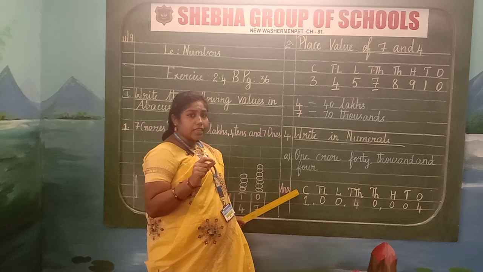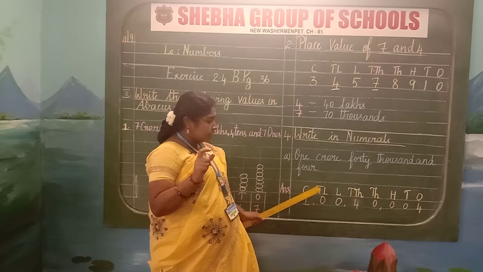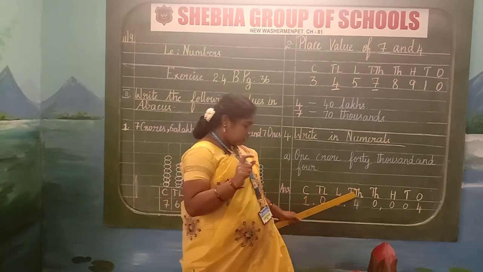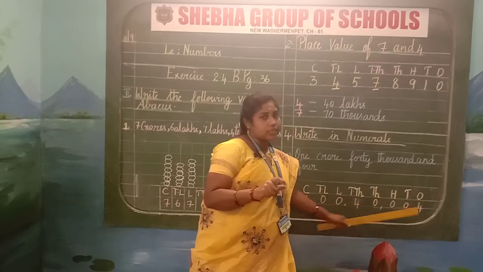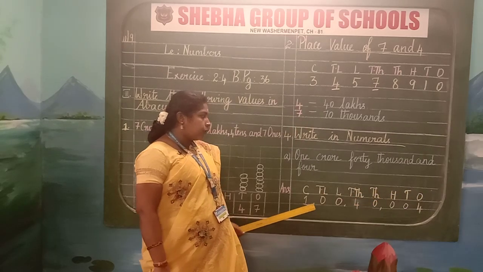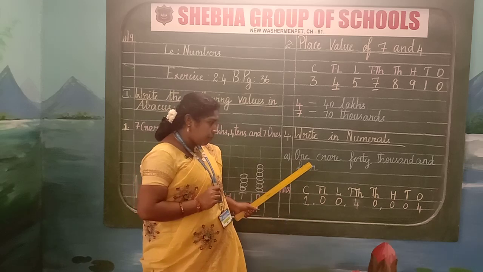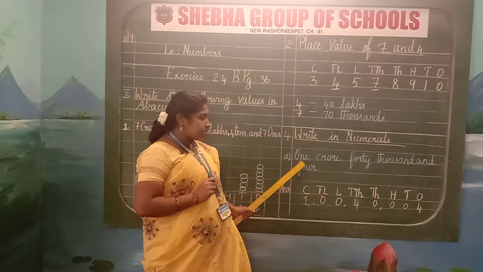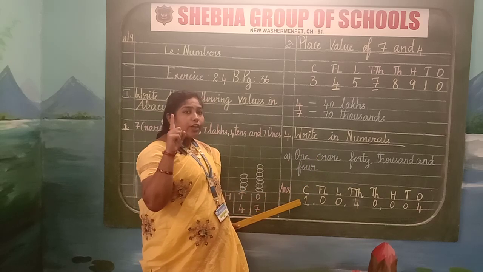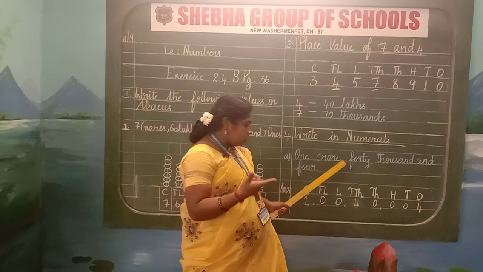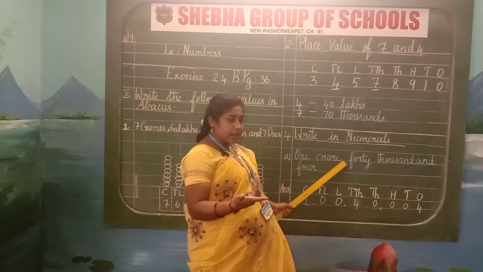So write the place values: crores, 10 lakhs, lakhs, 10,000s, thousands, hundreds, tens, ones. Now children, we are going to write the numbers for these number names. So what have they represented here? 1 crore. So in the crore place value we have to write 1. There is no 10 lakhs or lakhs mentioned in the number names.